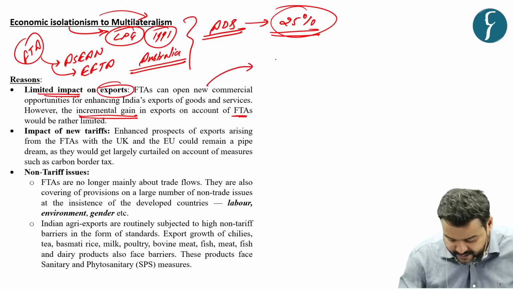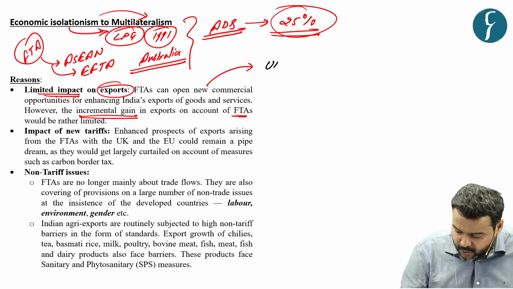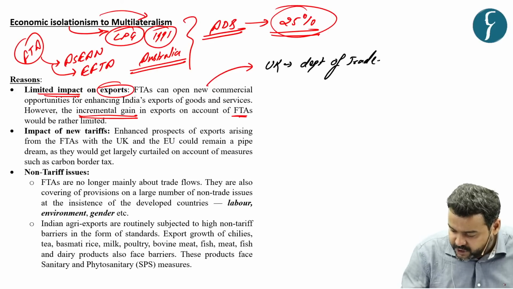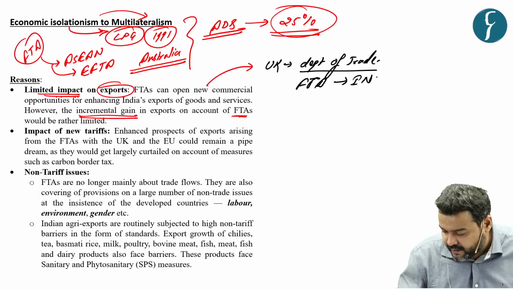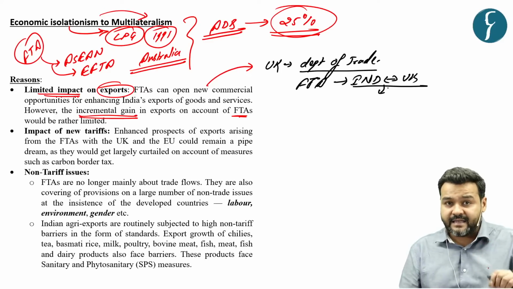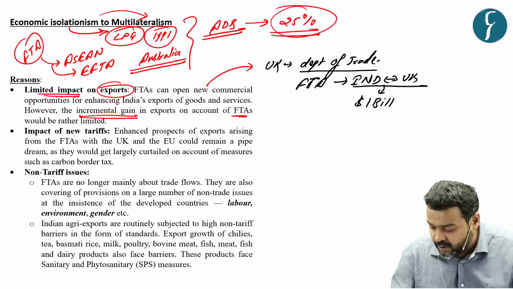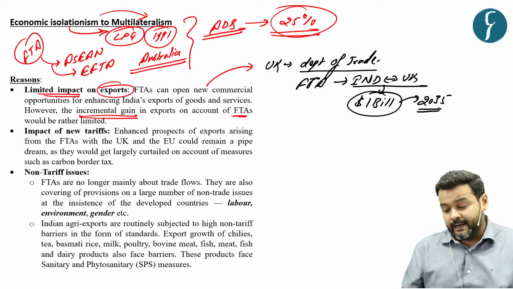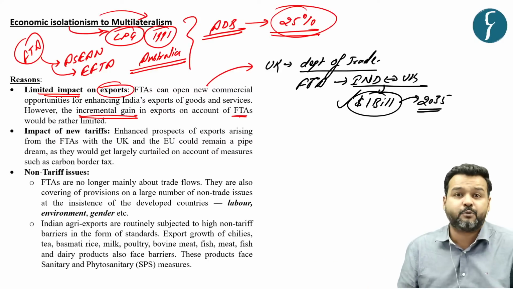Understand this with one example. The United Kingdom's Department of Trade projected that an FTA between India and the UK will see a rise in export from India to the value of $1 billion by 2035. Fine, it is going to help; it will increase the export by $1 billion.